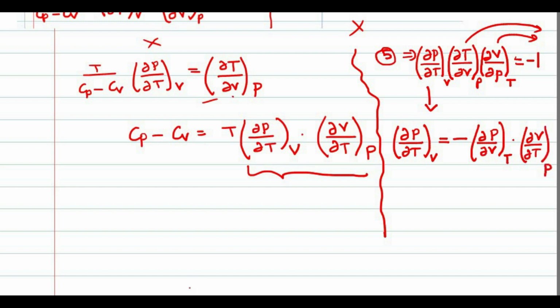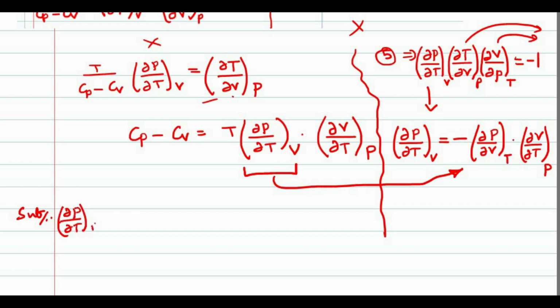So instead of this term, I am substituting this one. So write down: substituting dou P by dou T at constant volume is equal to minus dou P by dou V at constant temperature into dou V by dou T at constant pressure in the above equation.